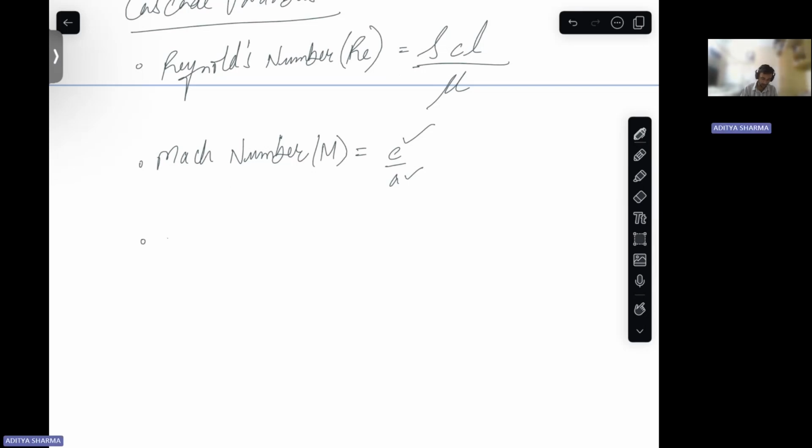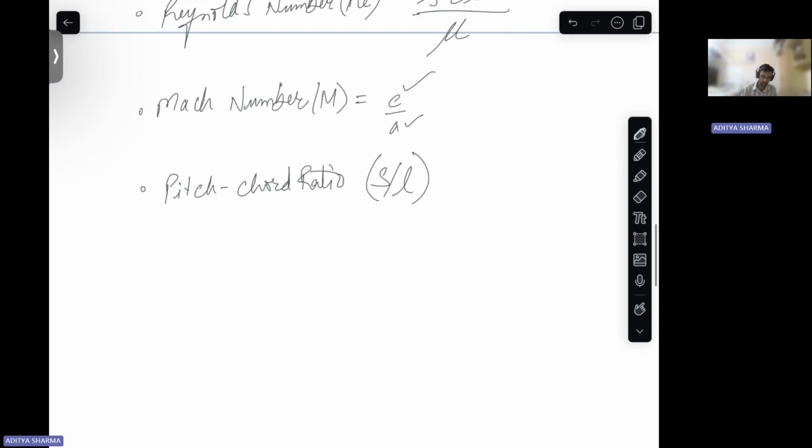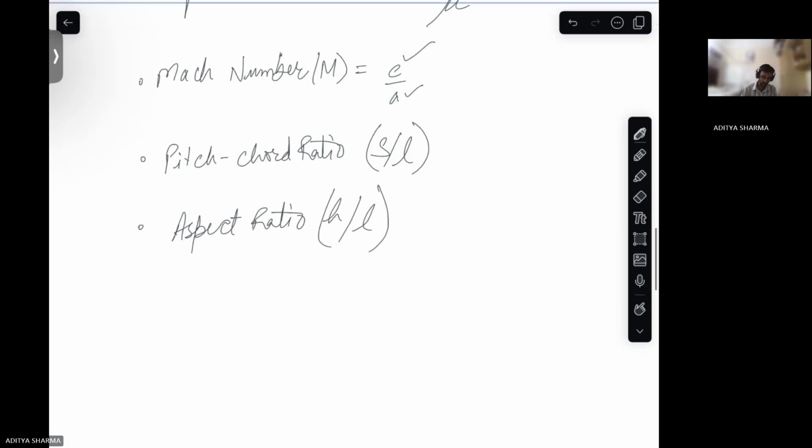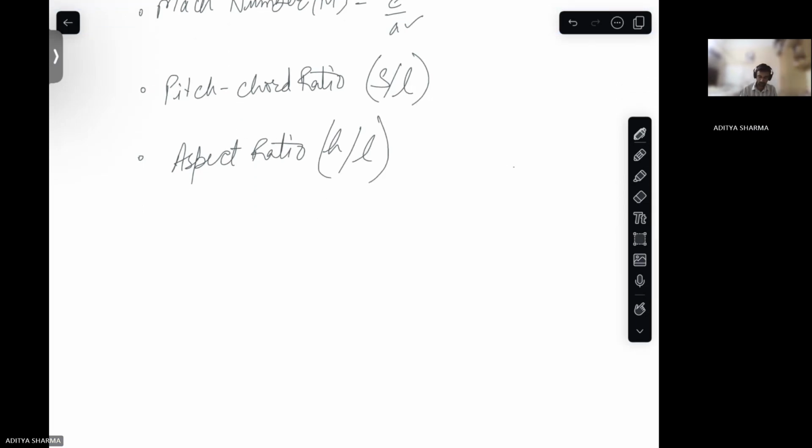Now here you have pitch to chord ratio. So this is S by L. S is pitch. Then is aspect ratio, which is H by L. I hope you understand this.